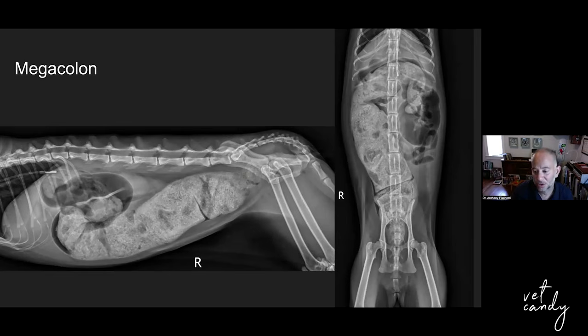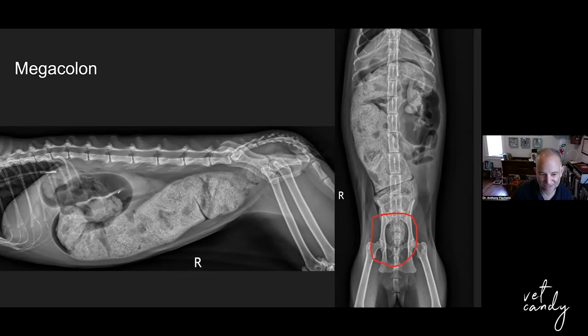It's always important to look at the pelvic inlet in your cases of megacolon. This is a normal pelvic inlet, but one of the potential differentials for megacolon is structural, because the cat was hit by a car and they had a collapse of their pelvic inlet. Other differentials include chronic kidney disease, so if the kidneys look small, and if there's been caudal lumbar spinal trauma or disc herniation. Not 100% sure of any of that for these cases.